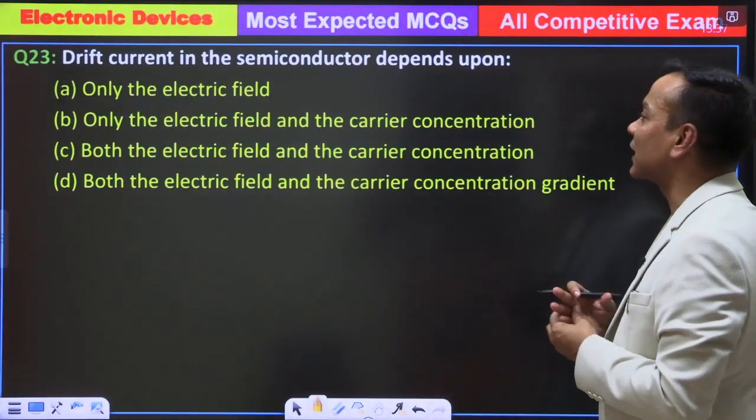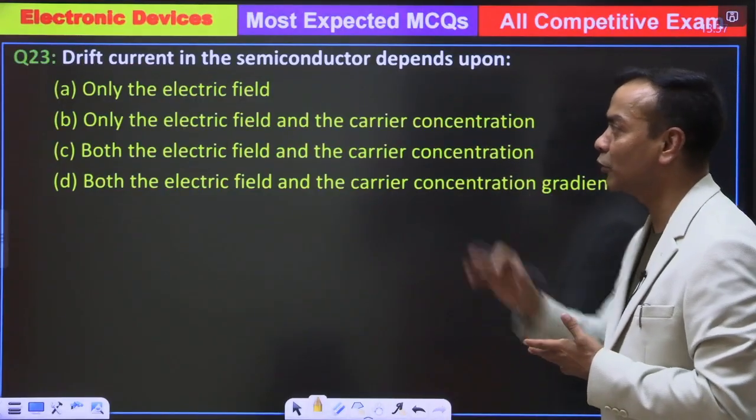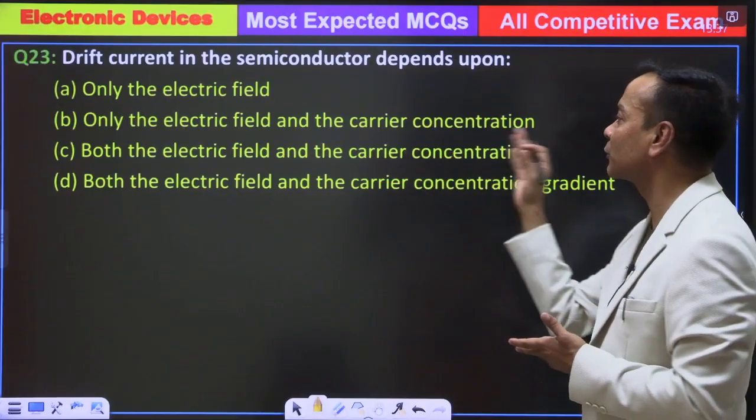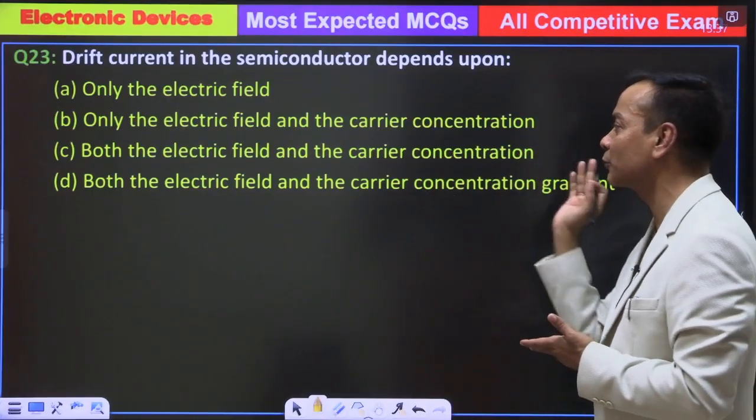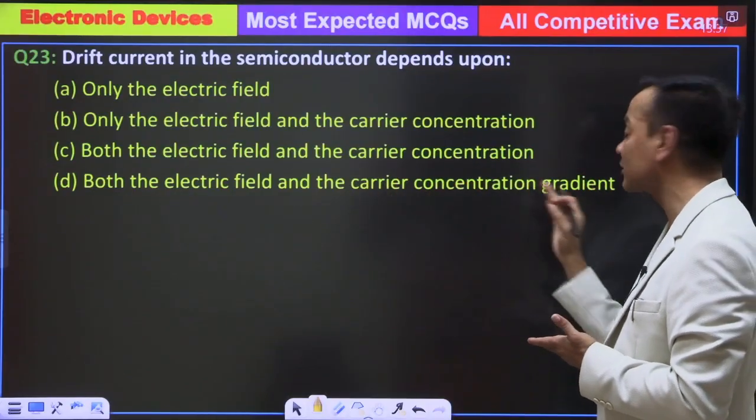Drift current in the semiconductor depends upon: I already gave the drift current formula in earlier videos. Only the electric field, only the carrier concentration, both the electric field and the carrier concentration, or option D, both the electric field and the carrier concentration gradient.